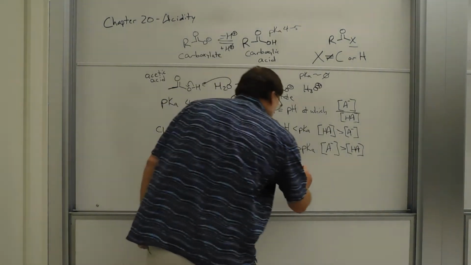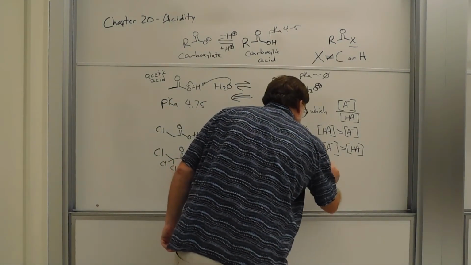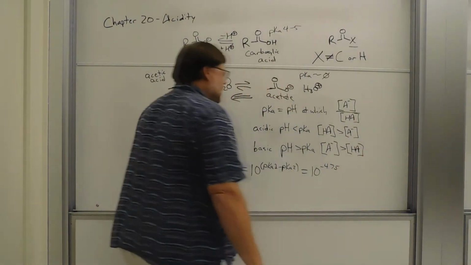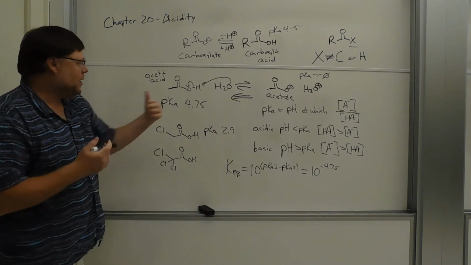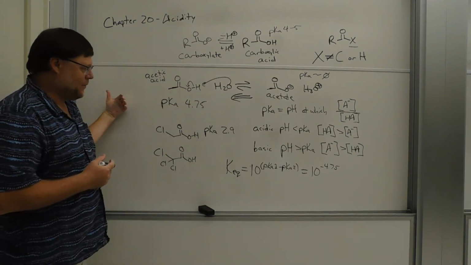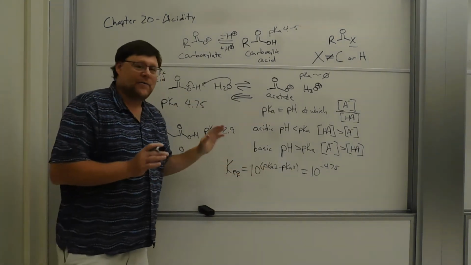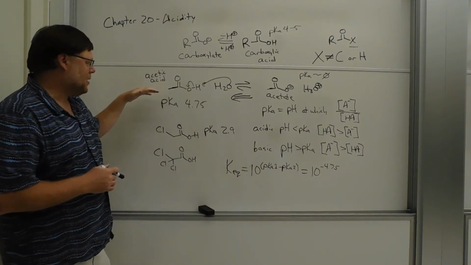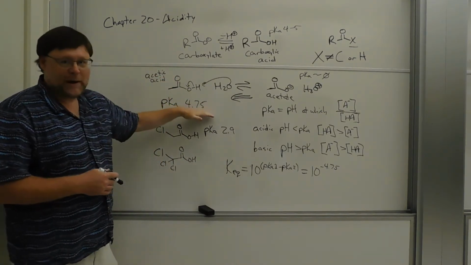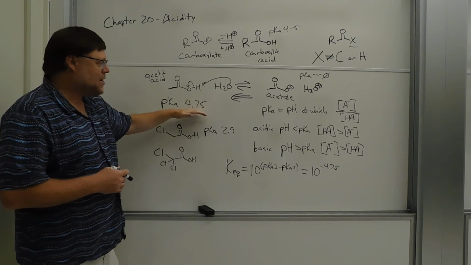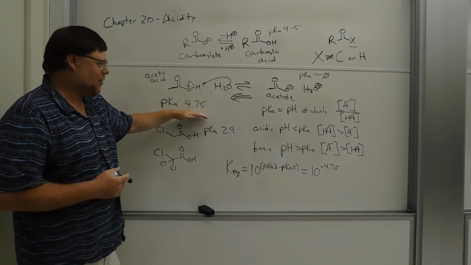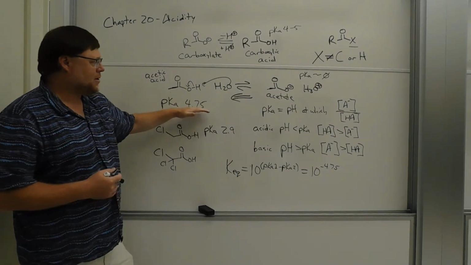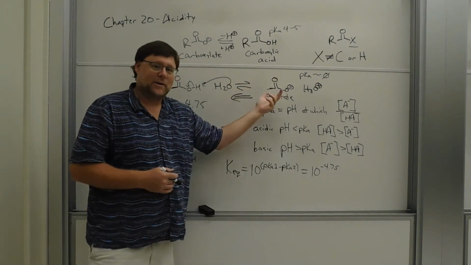In this case, this would be 10 to the minus 4.75, and that would indicate, if the equilibrium constant is less than 1, the left side is favored. If you're doing an acid-base reaction and you know the pKa's, you can estimate with a pretty high degree of certainty the equilibrium constant just by comparing the pKa's on either side.